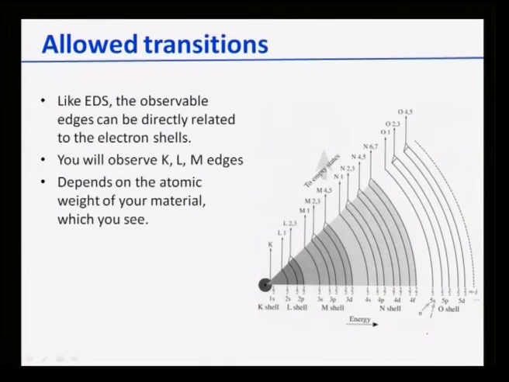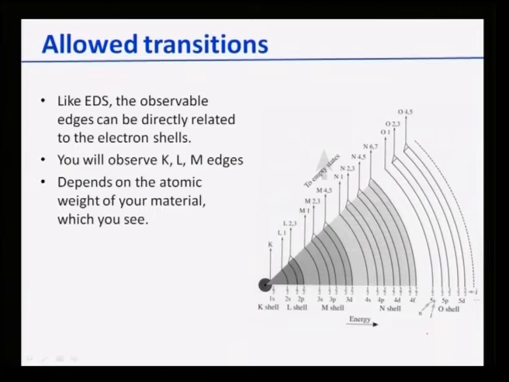Well, that is very dependent upon what kind of transitions you are allowing. Like in EDX, observable edges are directly related to the elemental shells. That means we can always see K, L, M edges in EDS, but depending on the atomic number of the material also we see that.